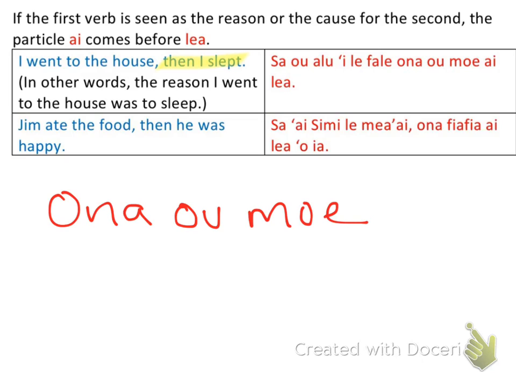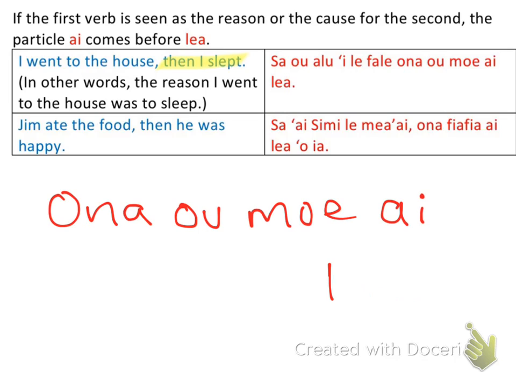So ona o moi, and I'm saying that the first verb is the cause or the reason for the second. Instead of ending with leia like I would normally do, I'm indicating to the person that the first verb is the reason for the second. I went to the house because I wanted to sleep is what you're essentially saying as you put this I right here. This is one of the uses for I. We'll get into some other uses of I later on in the course.